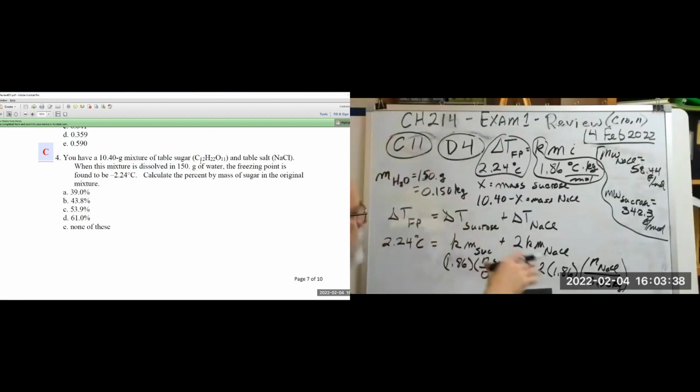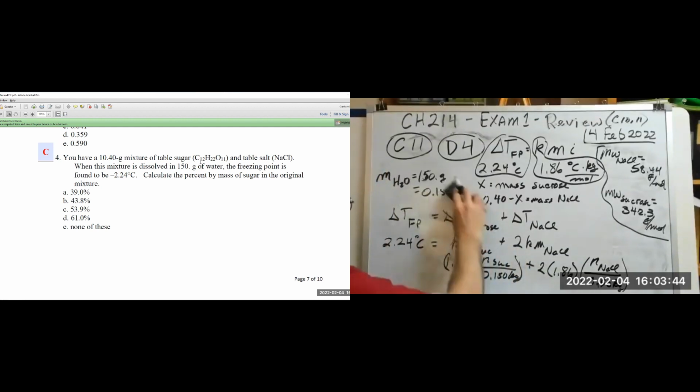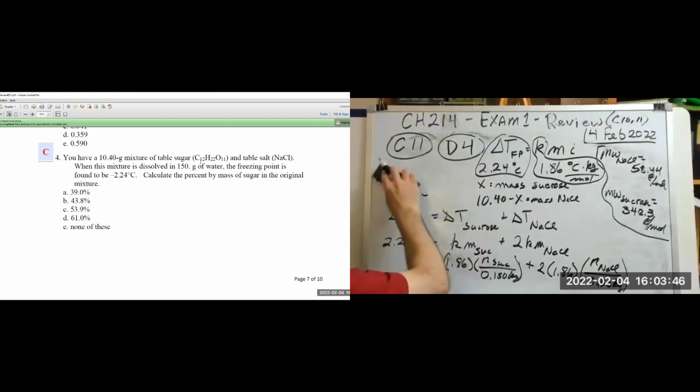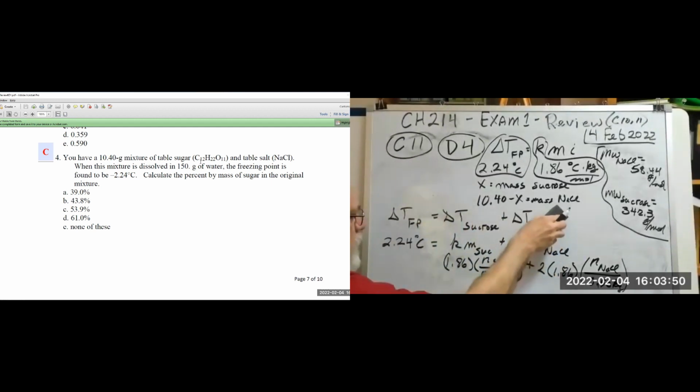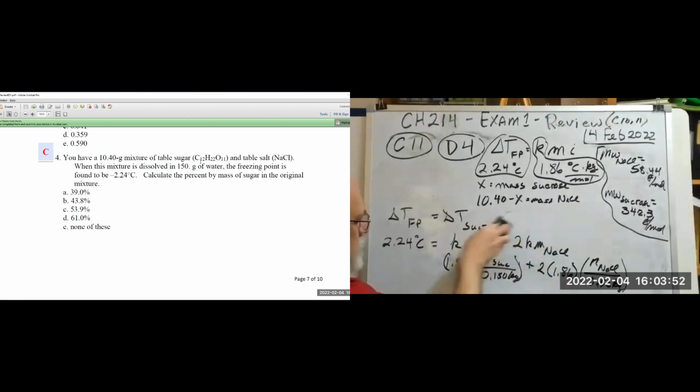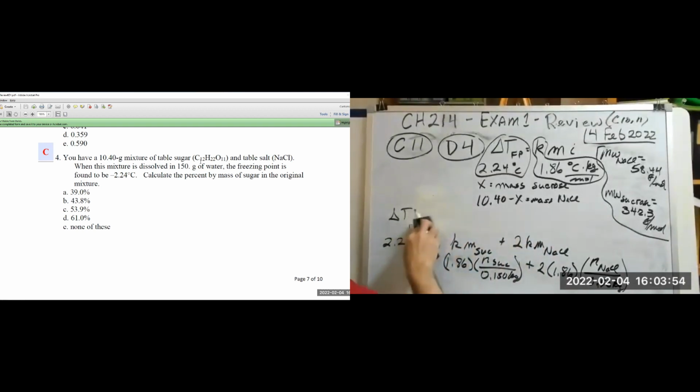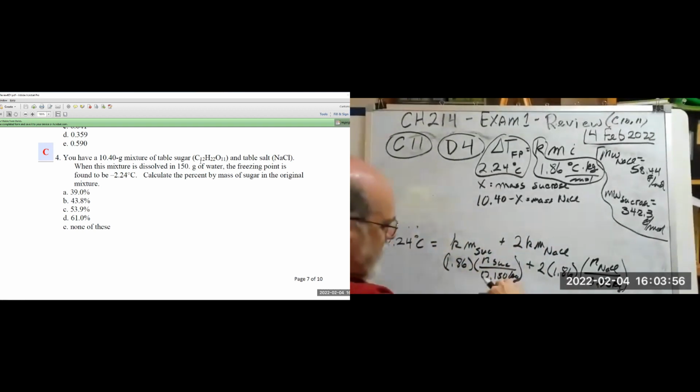Now, I'm going to have to erase some of this. I can erase this much. We have this one converted to this one, so I can erase this. All right.